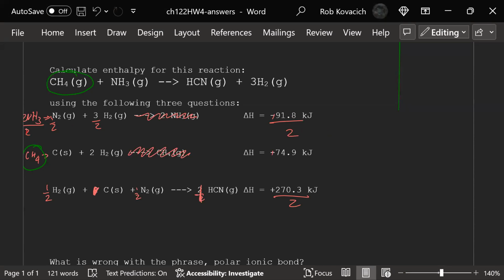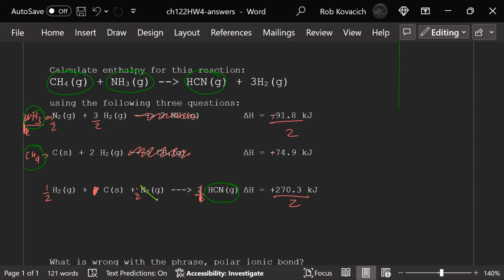So now that this has been divided out, there's only 1 ammonia. All right, so there's my 1 ammonia on the reactant side. I've got 1 cyanic acid on the product side. And do I have 3? It looks like more than 3, doesn't it?